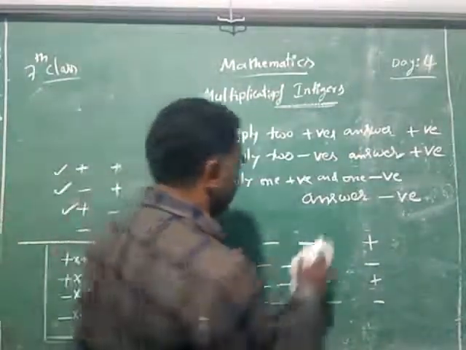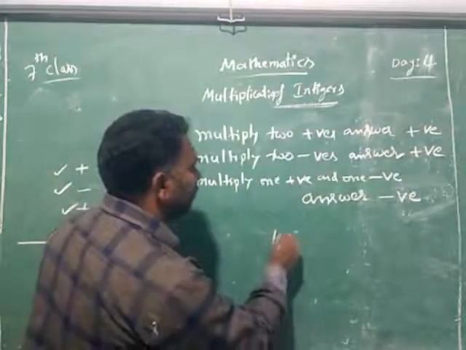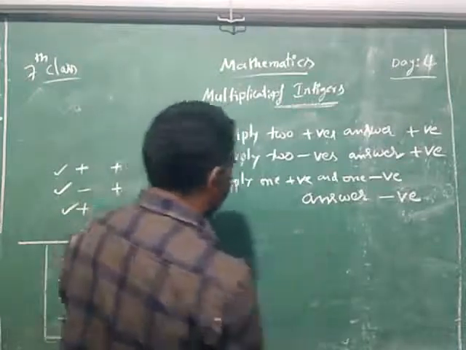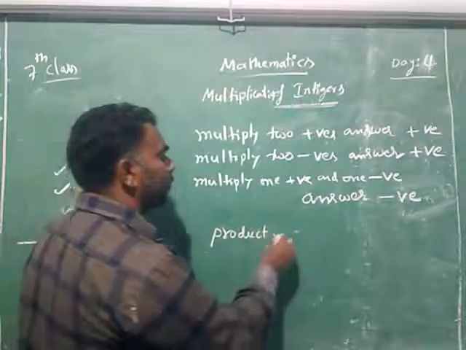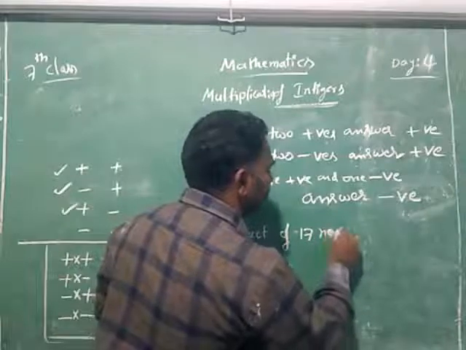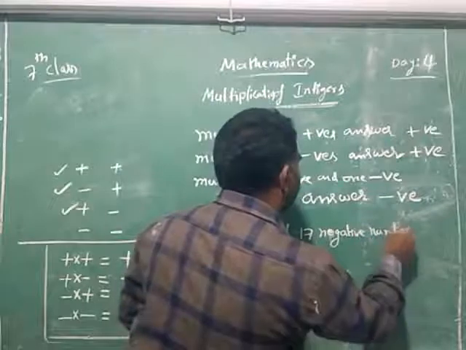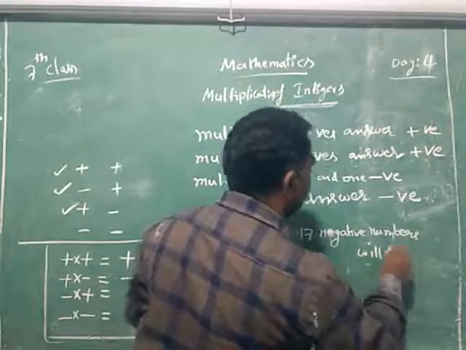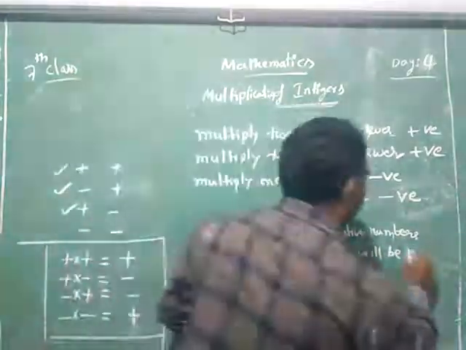Now can you say, if I am multiplying 17 negative numbers, the product, after multiplying, the answer is called the product. Product of 17 negative numbers, what do you get? Positive or negative? Yes, it is negative.